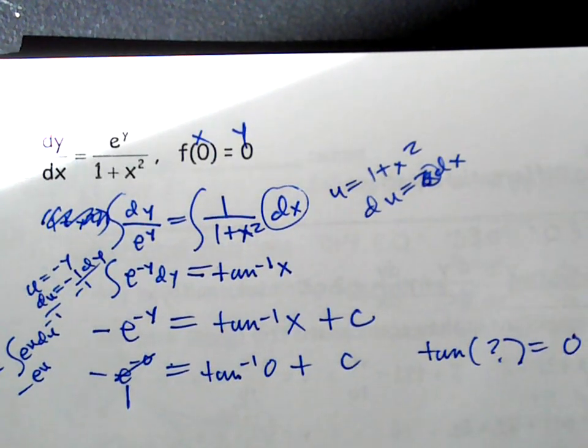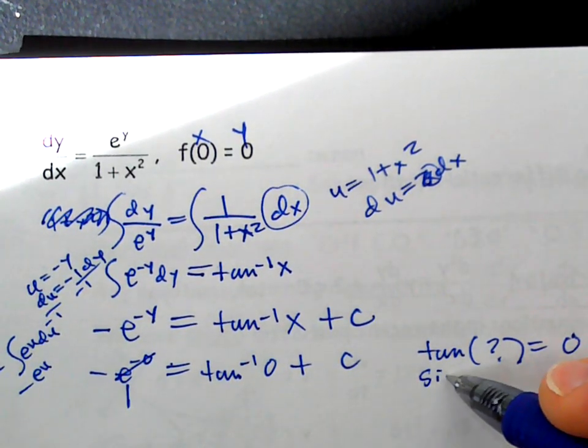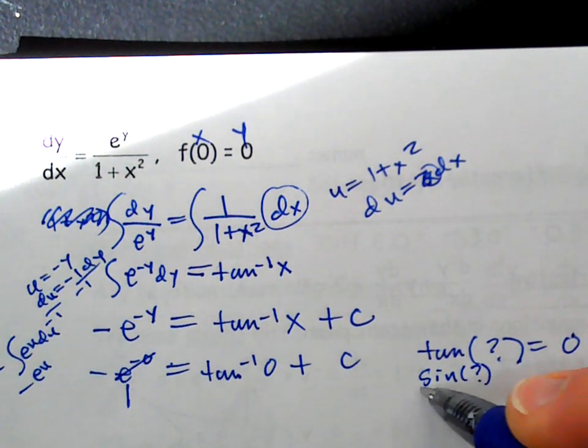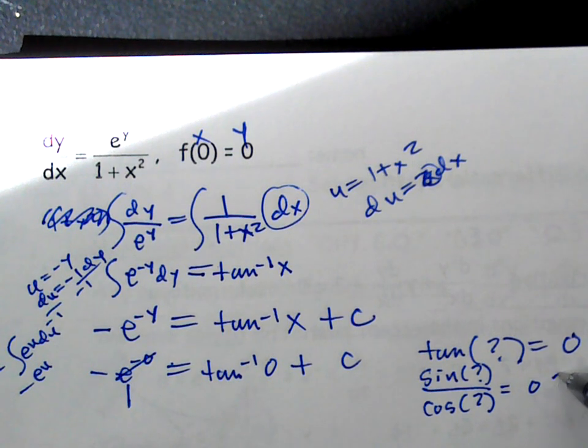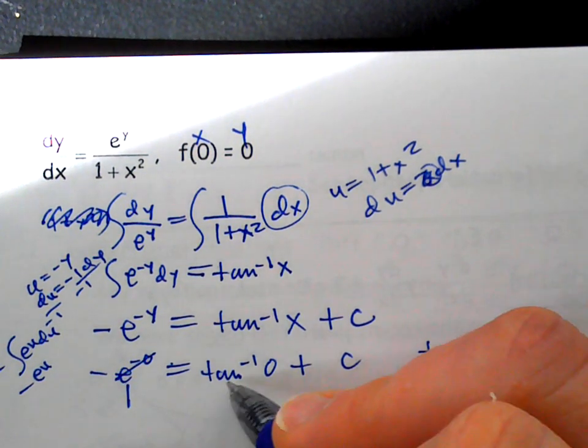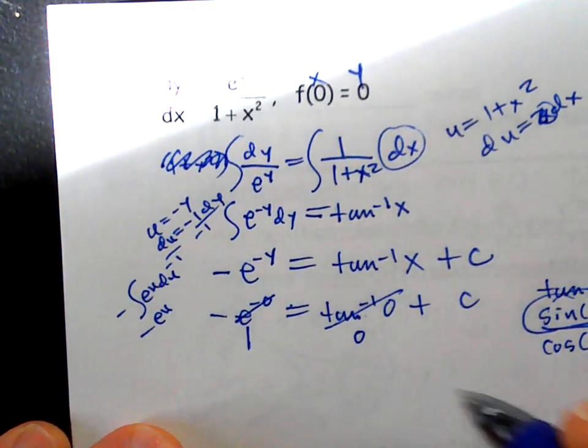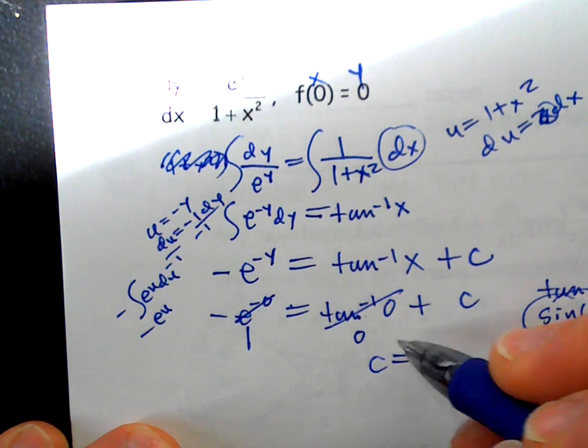And I don't necessarily memorize all those. So I'm thinking in my head, what do I take sine and cosine of that in a fraction would give me 0? So really it's just when is sine equal to 0 and its principal angle. So it's going to be 0. So sine is 0. And so that's going to be 0. So c equals negative 1.